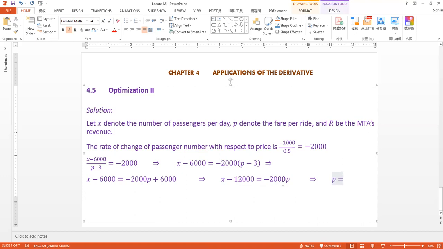Okay, so if we divide negative 2,000 on both sides of the equation, we get p on one side, and the other side will be x over negative 2,000. If you do that, you're going to get negative 0.005x, I believe.